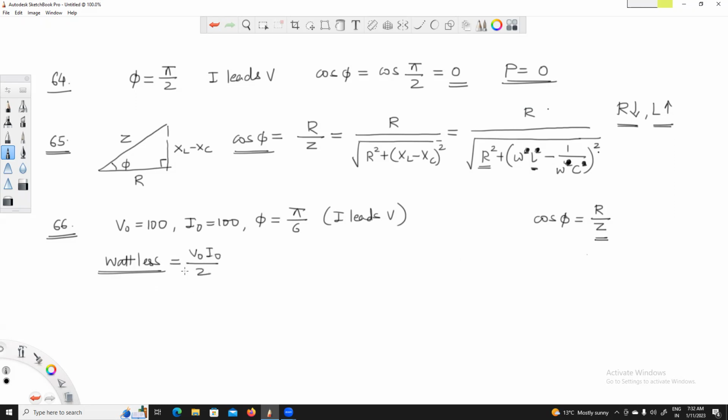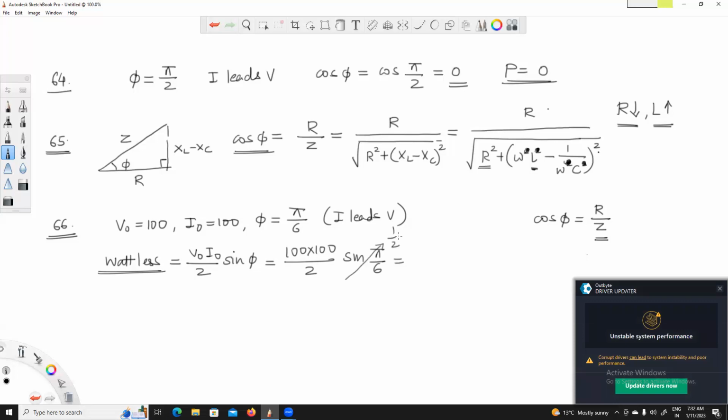So the formula for wattless power is V naught I naught divided by 2. So this is total power, of which if you multiply it by cos phi, you get the power dissipated across the resistance, which is watt power, and for wattless, you need sin phi. So what you get here, 100 into 100 divided by 2 multiplied by sine of pi by 6. Sine pi by 6 is sine 30, which is half.